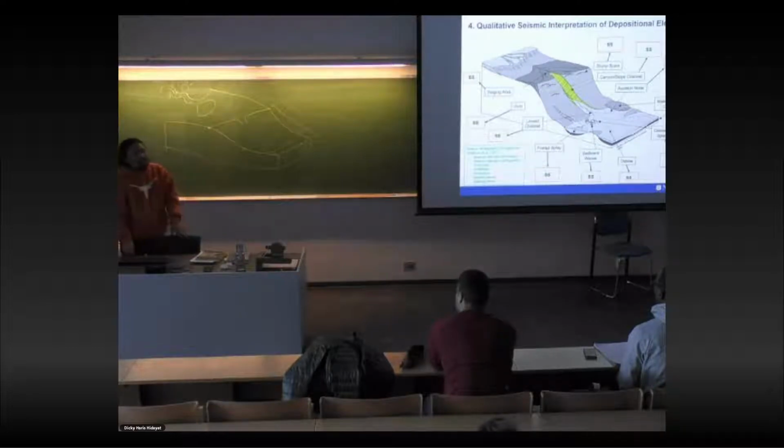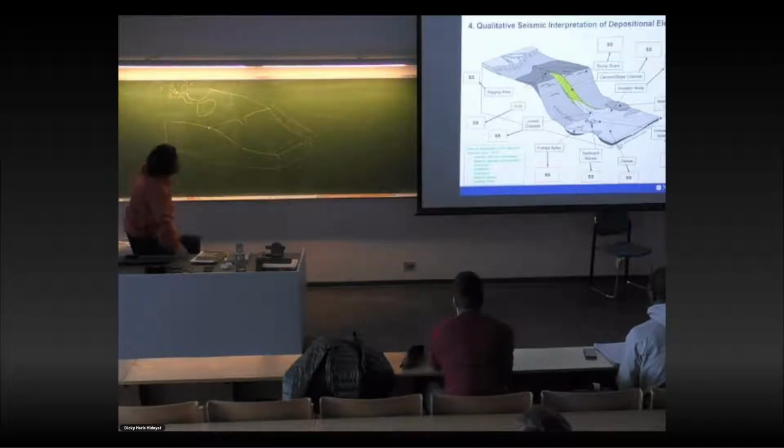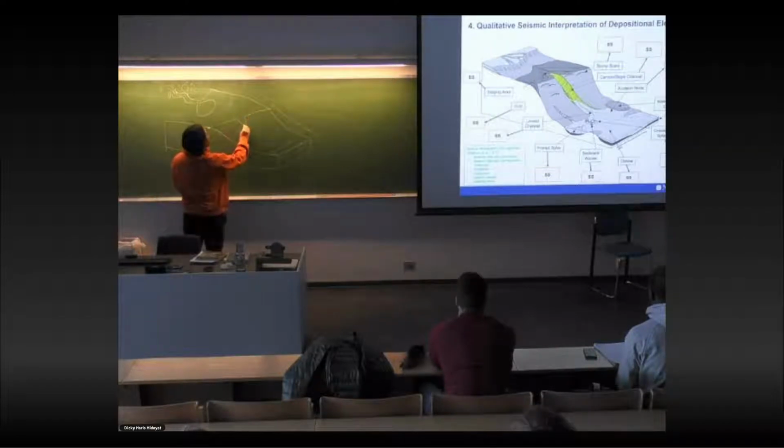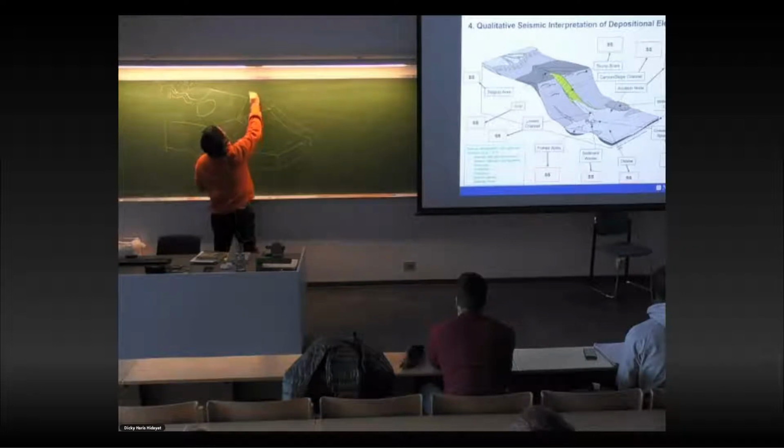But mostly the easiest thing to differentiate between a canyon and a channel: the canyon is mostly located close to the shelf edge, but the channel is located more distal to the basin floor. So first is about the head of the canyon here. Then I just make number 1 here.